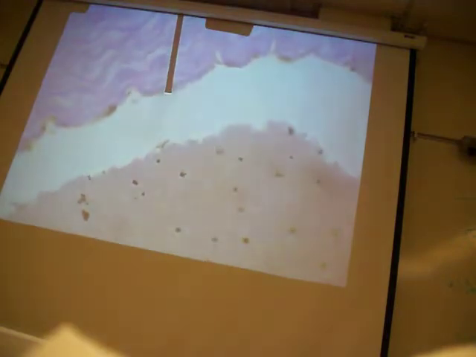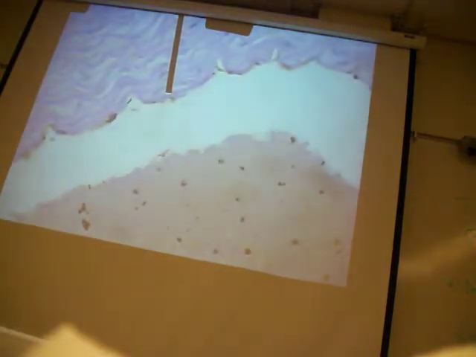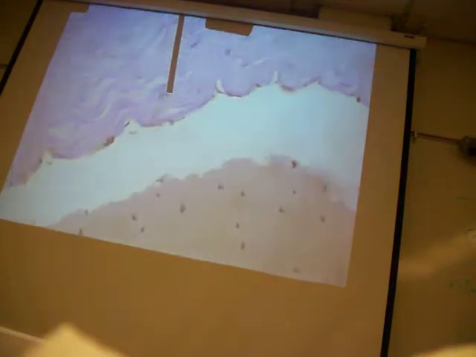Right here, you can actually see the inner elastic membrane. See that dark structure right there? There's the inner elastic membrane right there, right? But here's the smooth muscle right there, and then here's the connective tissue there on the outside. See this layer out here? Here's the adipose tissue right here.